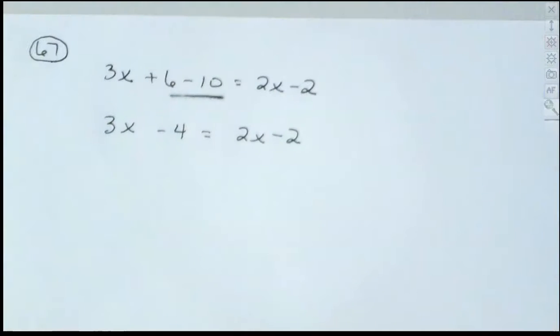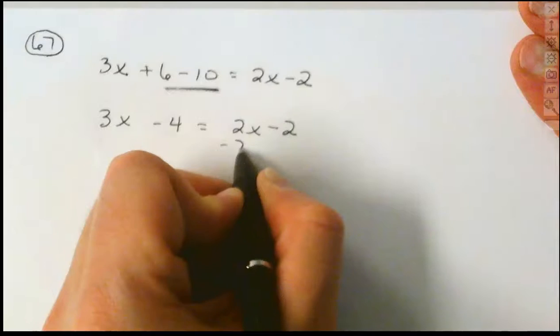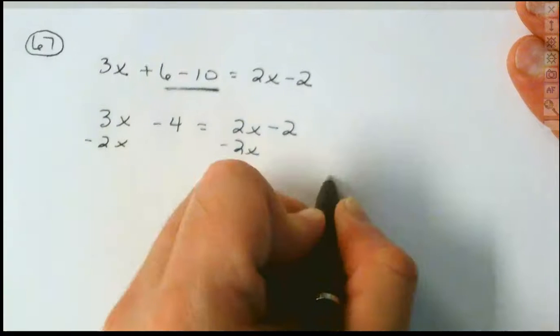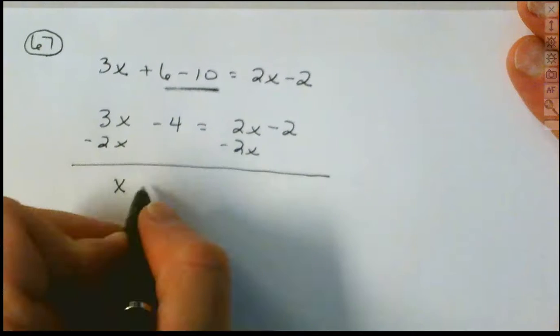So now we're at this step. Okay, what do we need to do next? Well, our goal has always been to get the variable on the left. So we're going to move that 2x over with subtraction. 3 minus 2 is a 1. We don't have to write the 1, so we just bring down the x.